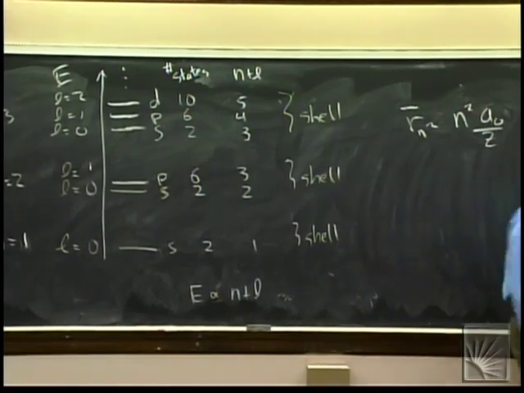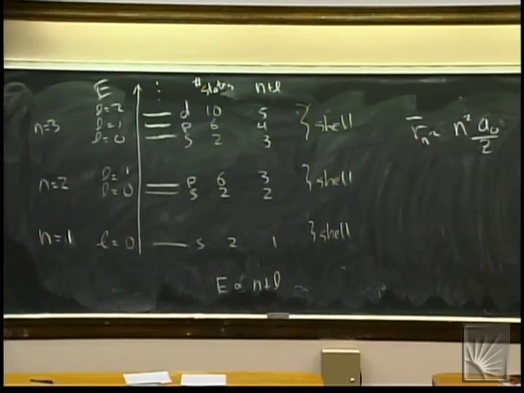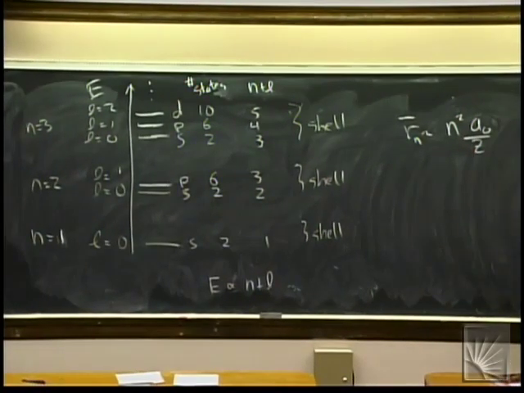The reason L matters in a hand-wavy way is the L equals 0 state after n equals 1. This is kind of hand-wavy, but it's quasi-reasonable. It's also described in the book. The L equals 0, the S state, is spherically symmetric.